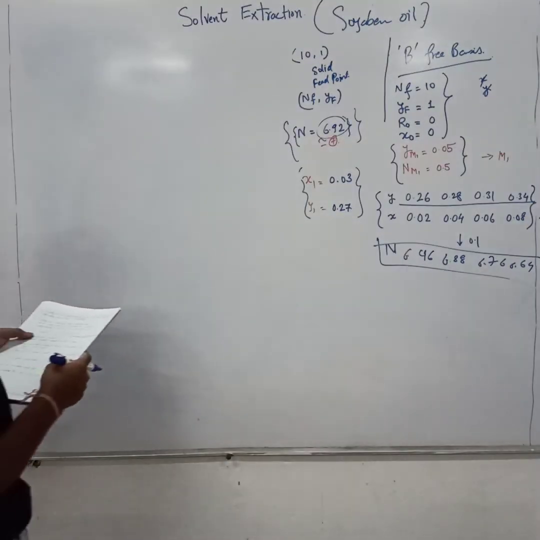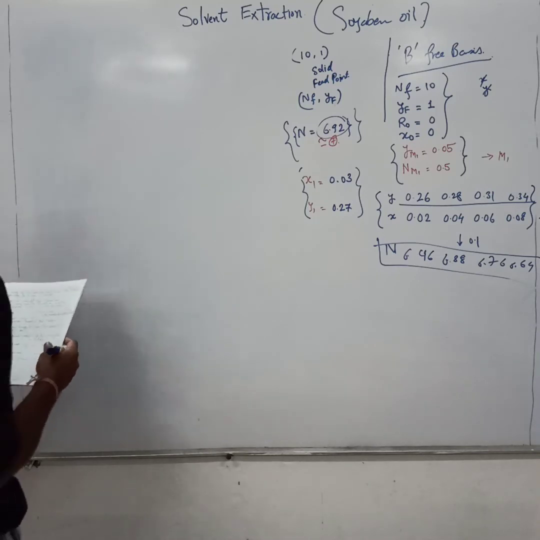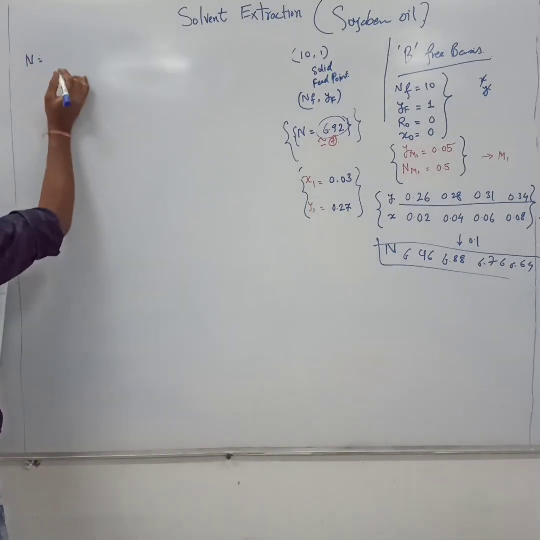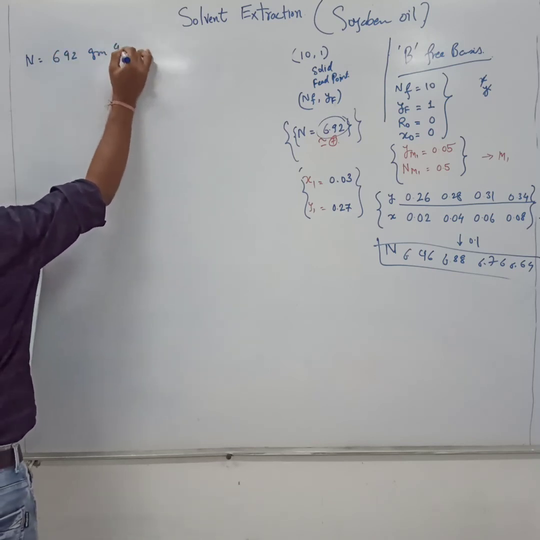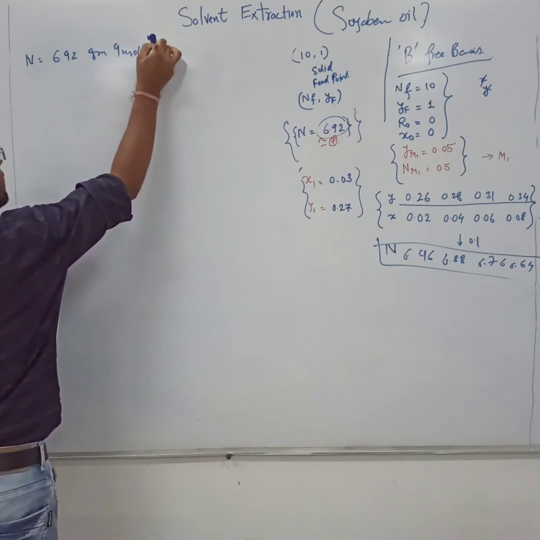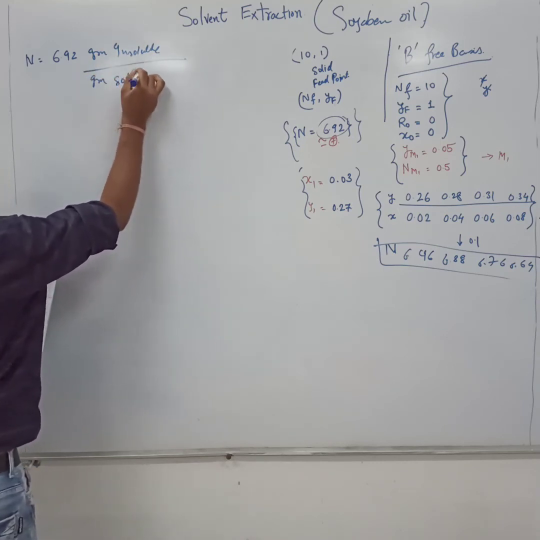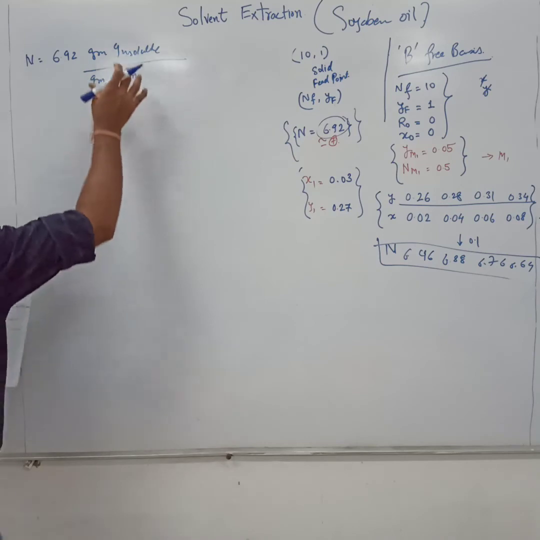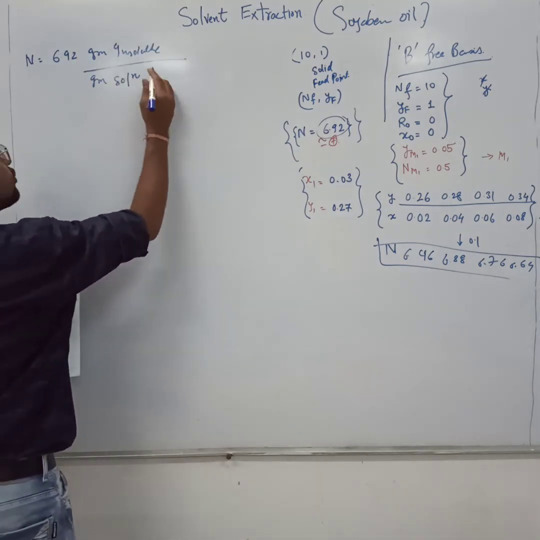Okay, moving towards the very last part of our numerical. What does 6.92 actually indicate? It means 6.92 grams of insoluble material per gram of solution, that is, how many grams of insoluble material are present per gram of solution.